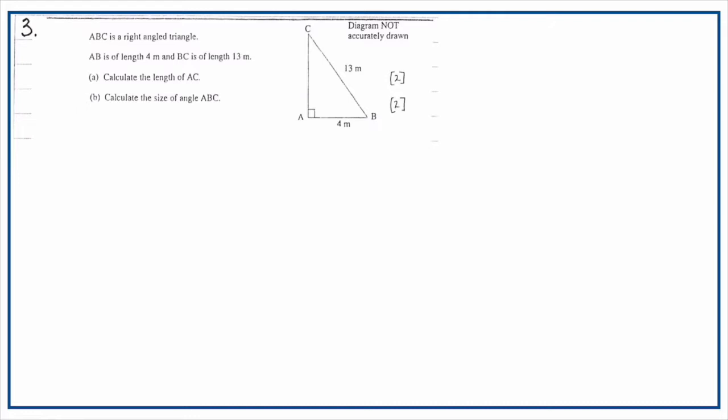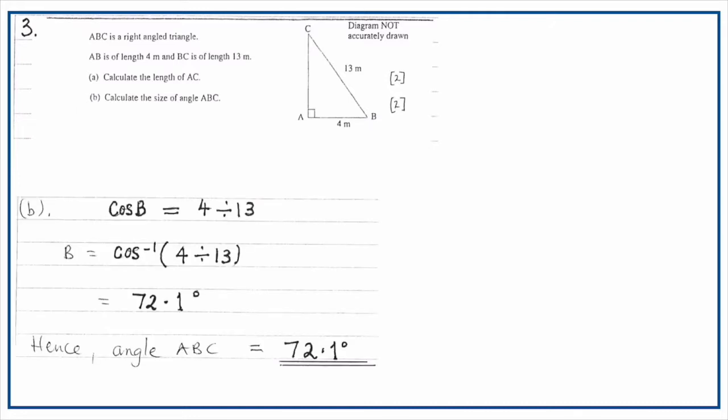3B, calculate the size of angle ABC, the middle letter. So the angle, that's the adjacent side, which is given as 4 meters, and we've been given the hypotenuse. So we use cos. So cos B equals 4 divided by 13.